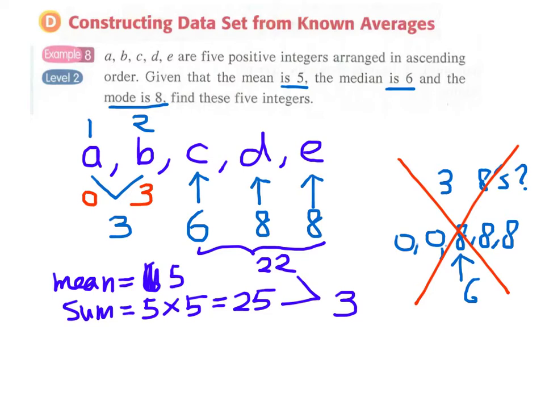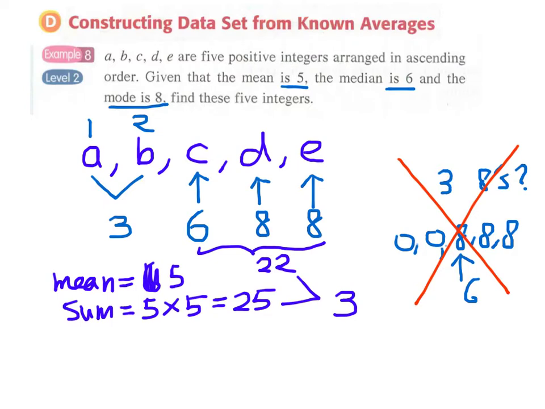But if A is 0, then this will contradict the problem, which says they are positive integers. 0 is not a positive number, nor is it a negative number. So we don't have 0 and 3, and we can cross this out. We have only 1 and 2.